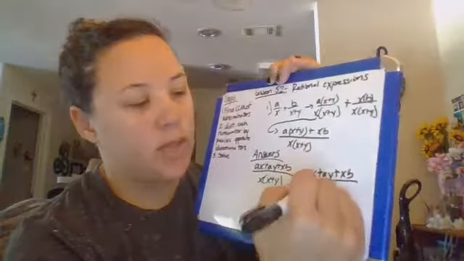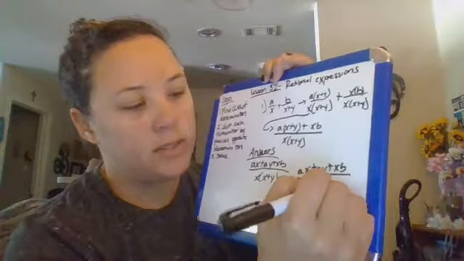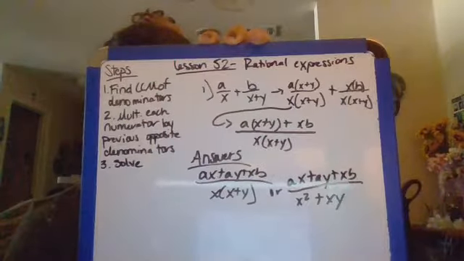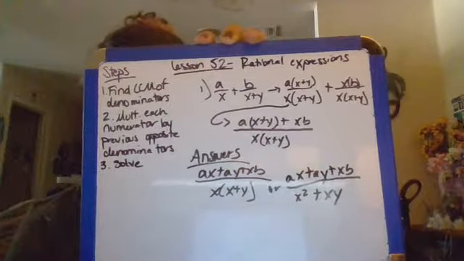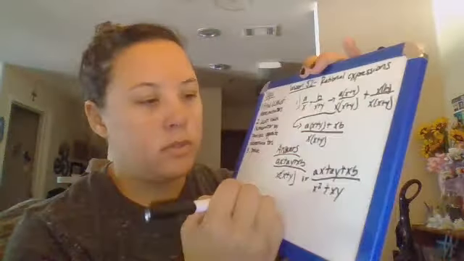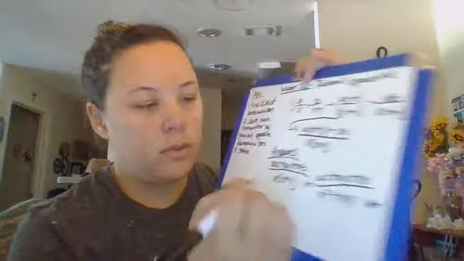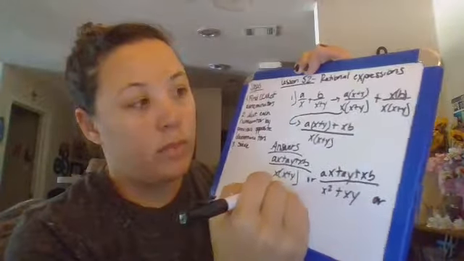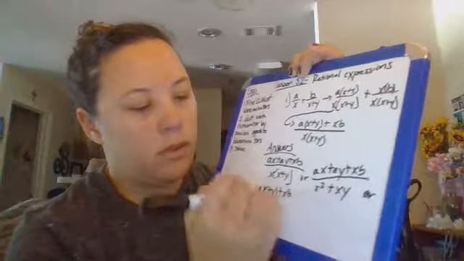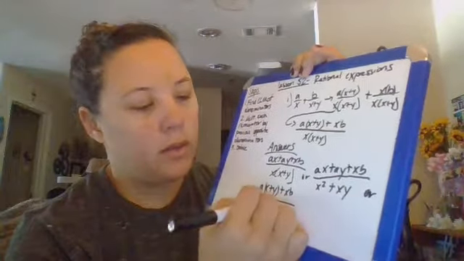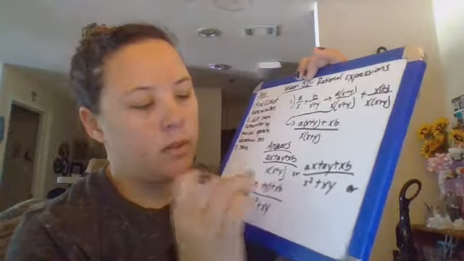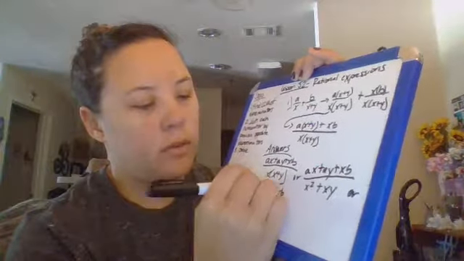So that would be x squared plus xy. Or the last one, we keep the top the way that it is and then multiply out the bottom together.